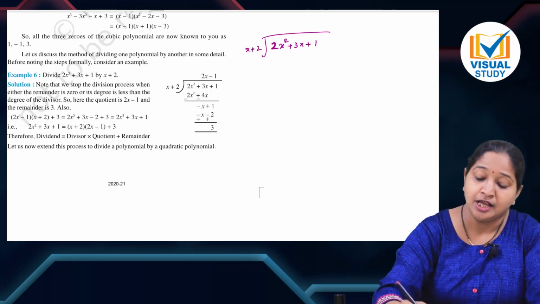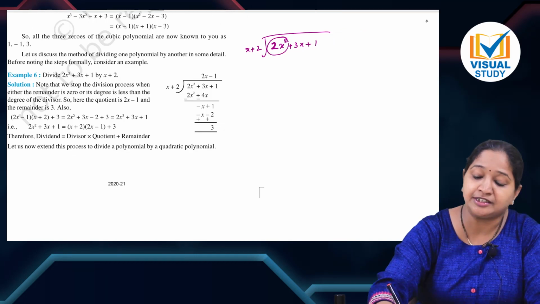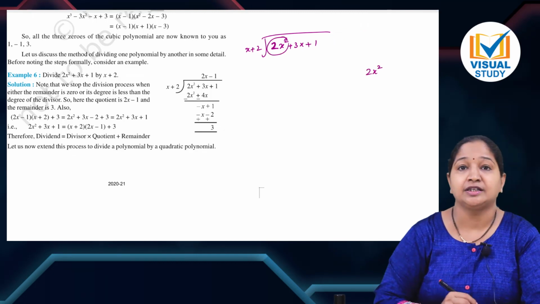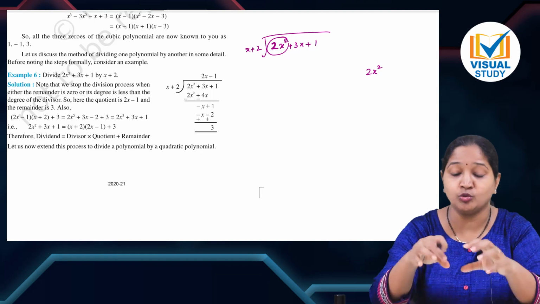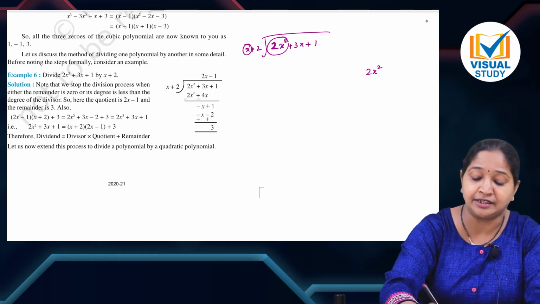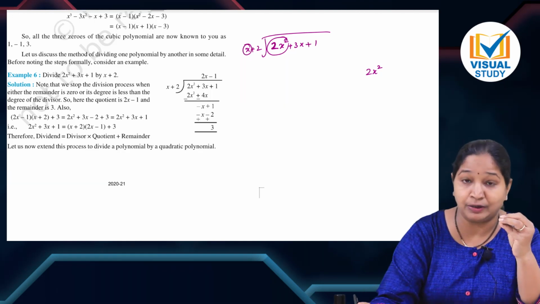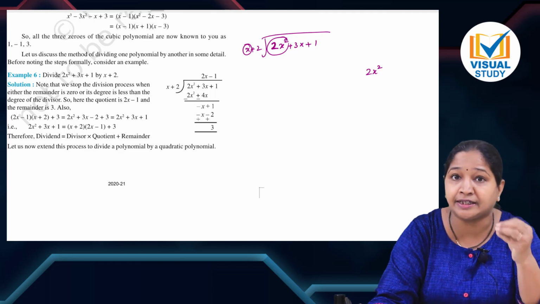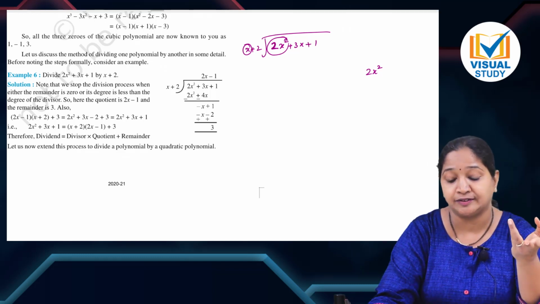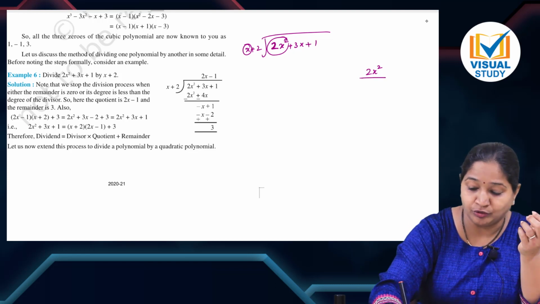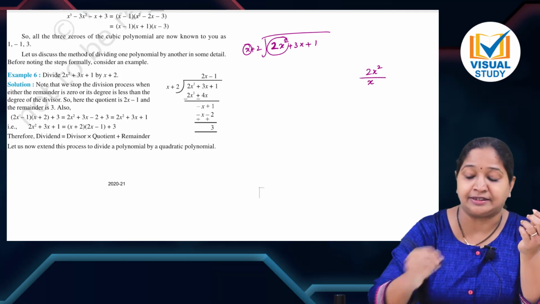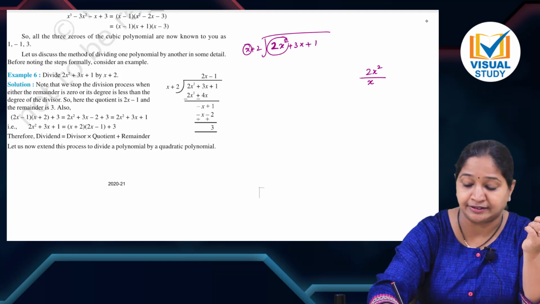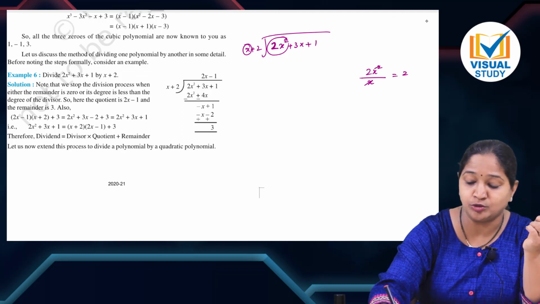First term, that is 2x square, you have to get, and what you have here is x. So by what you are going to multiply that x to get 2x square? What you have to do is 2x square divided by x. So what you get? That is 2x.